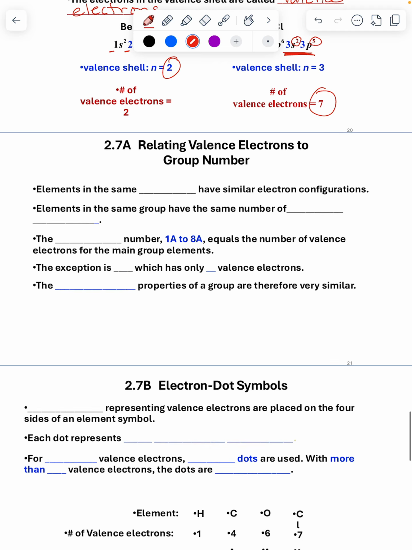Elements in the same group have similar electron configurations. They all have the same number of valence electrons, so they're going to have very similar electron configurations. Elements in the same group have the same number of valence electrons.